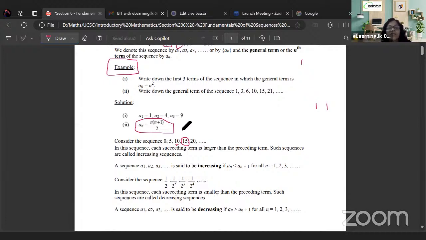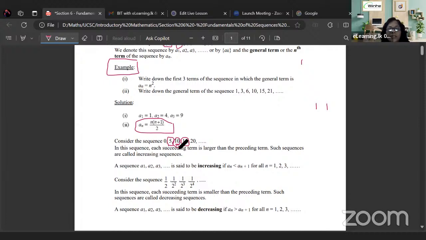If you consider 10, the succeeding term is 15 and the preceding term is 5, right? Or if you consider 15, then the preceding term is 10, right? Succeeding term means the term that comes after, preceding term means the one before, right?